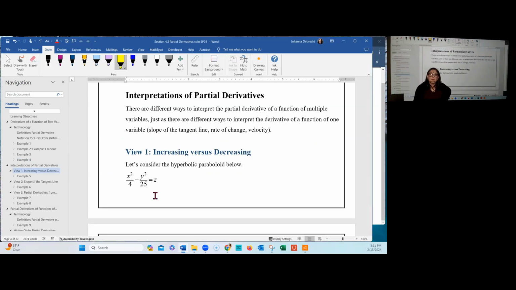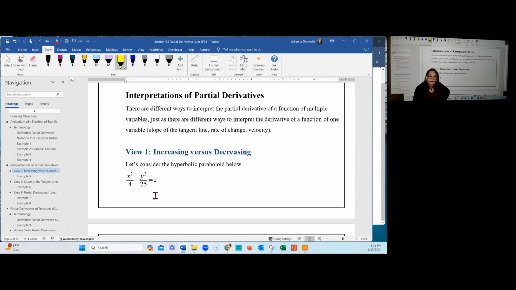We now want to talk about various ways of interpreting the partial derivative. In Calculus 1, we interpreted the derivative as the slope of the tangent line, the rate of change of one function with respect to another, and as the velocity function when we were graphing position versus time.